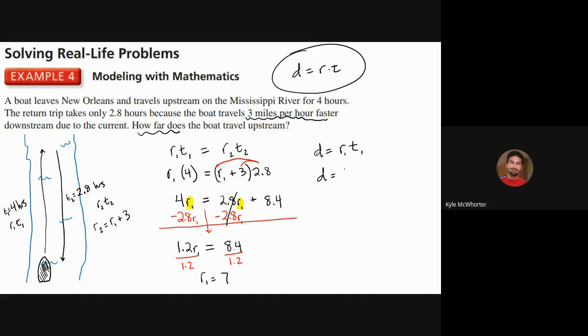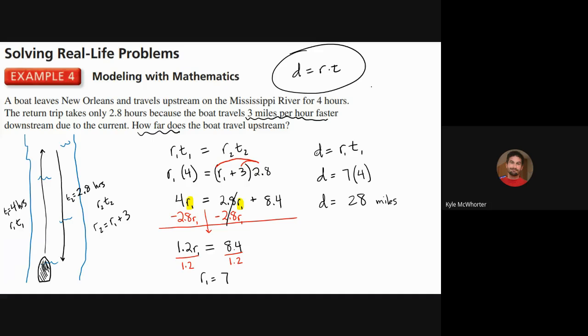Rate 1 is 7, time 1 is 4, so the distance was 28. The rate was in miles per hour and the 4 was in hours, so this is miles.